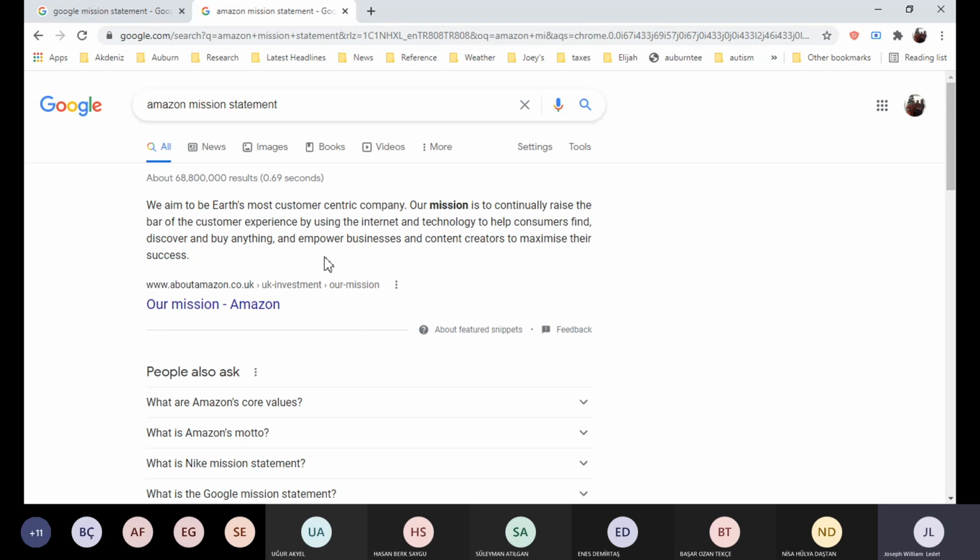And so if you think about it, their web services division, their web hosting, is part of this mission, because web services is going to help their consumers find things, right? Discover. Well, how do you help someone discover something that they might want to buy? Well, ads, suggestions.